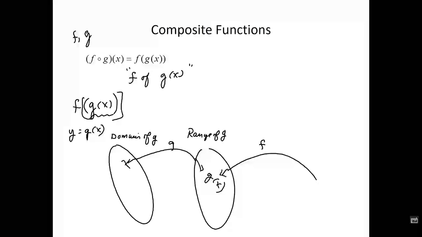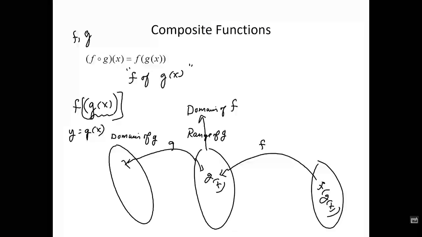If I begin here with g of x, then g of x, the set of all values of g, will also represent the domain of f. So this is my domain. So if I take an element in the domain, g of x, and apply f to g of x, this is going to be f of g of x.